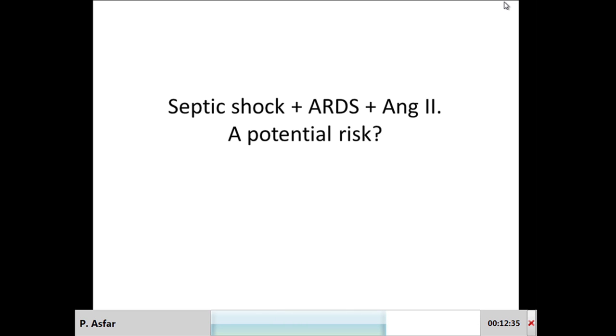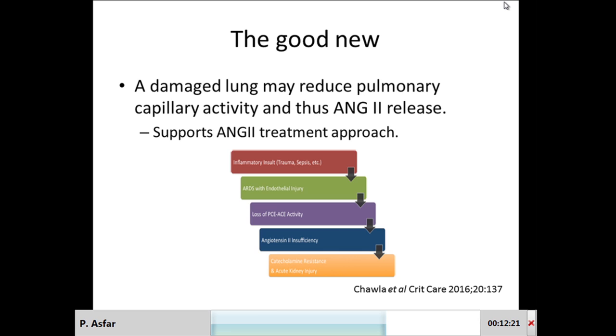So in septic shock patients with acute respiratory distress syndrome, is there a potential risk with infusion of angiotensin II? The good news, and it's the SHOCKLe hypothesis, is that in his opinion, a damaged lung may reduce pulmonary capillary activity and thus angiotensin II release.